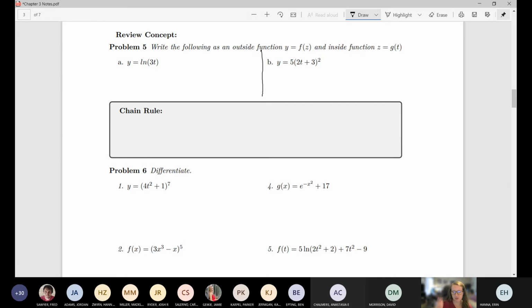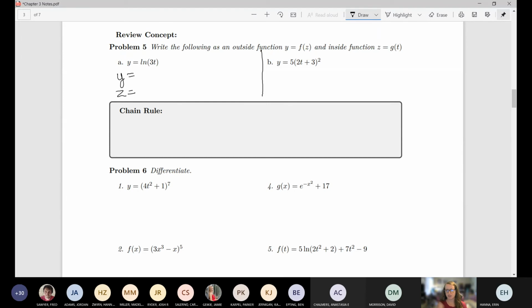So in part A over here, we have the natural log of 3t. I want to break this up into 2 different functions, such that I replace something in here with z and then say what z is equal to. If we think about what's happening here, we're taking 3t and plugging that result into the natural log. Say I asked you to plug in 1 here, you would have to multiply that 1 by 3 and then take that result and plug it into the natural log.